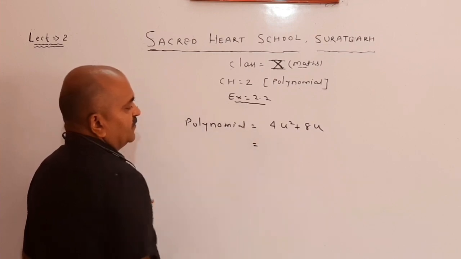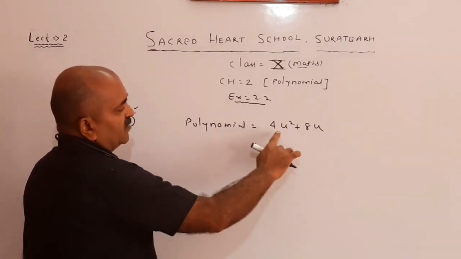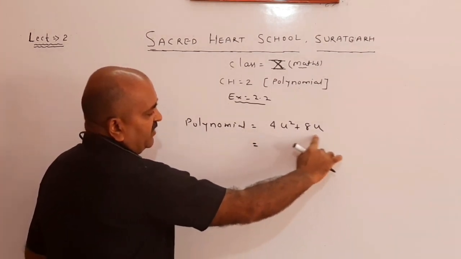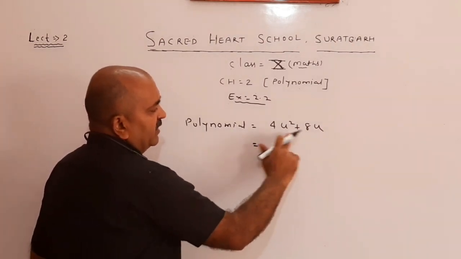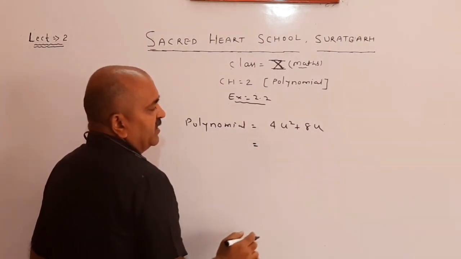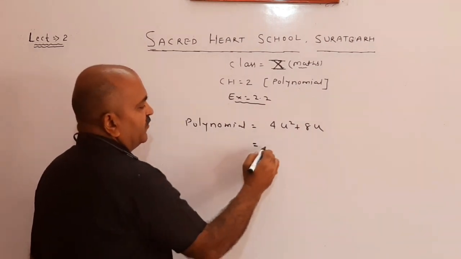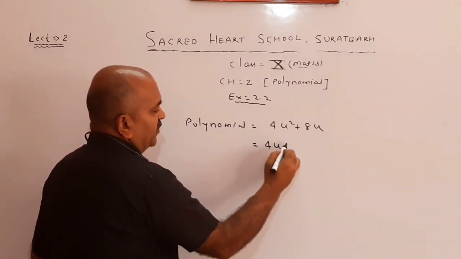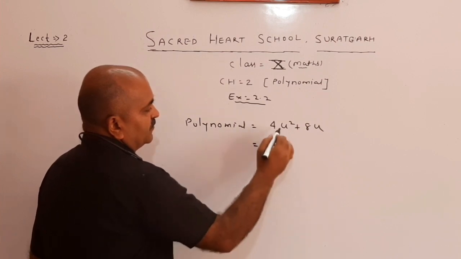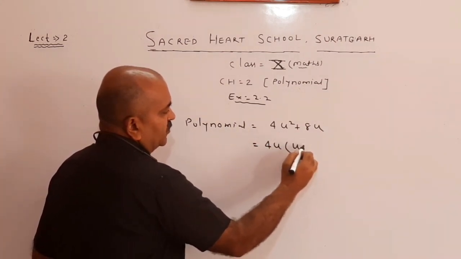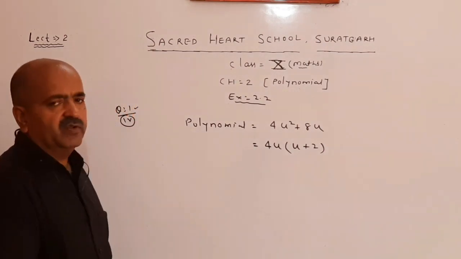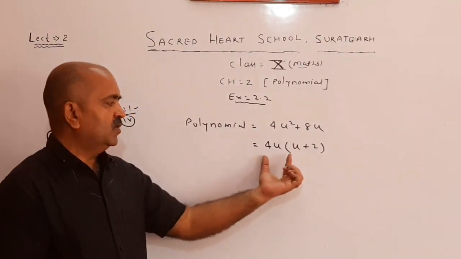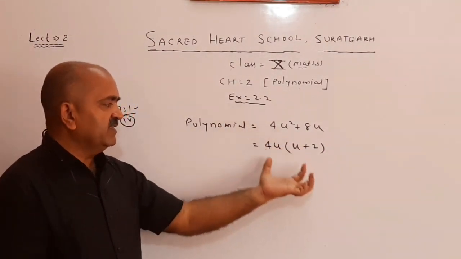So students, first we factorize this polynomial. What is common in both 4u square plus 8u? 4u. So first we take common 4u. Then we obtain 4u times u plus 2. So first we factorize this polynomial.